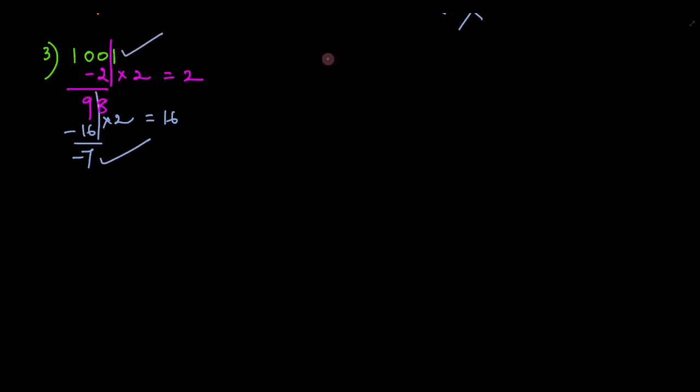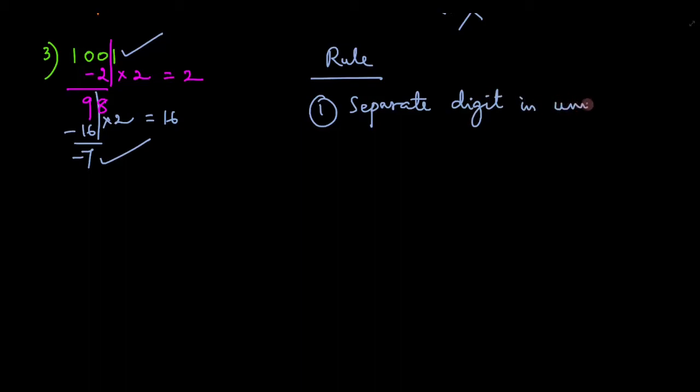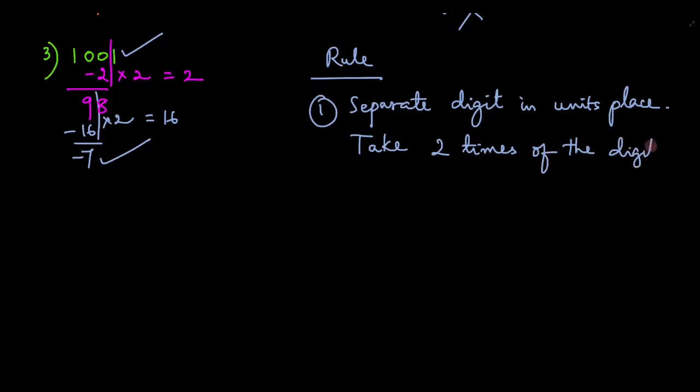So what is the rule here? Separate the digit in the units place, take 2 times of the digit, that is multiply by 2.